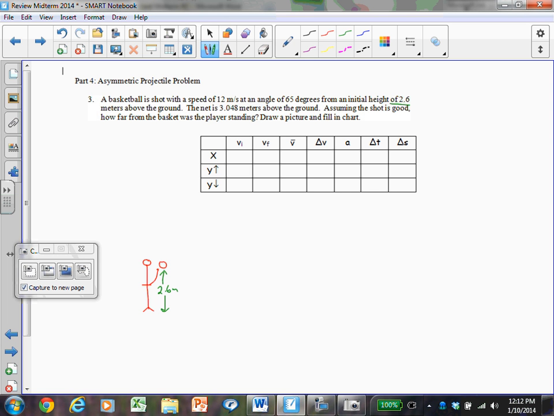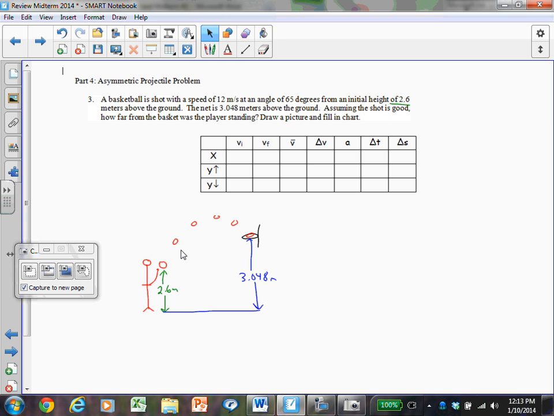And if you have information like 2.6 meters, and then you know the ball goes up and goes in a basket, right there, and the net, we know, is 3.048 above the ground. Okay. Assuming the shot's good, how far from the basket is the player standing? So we want this information.